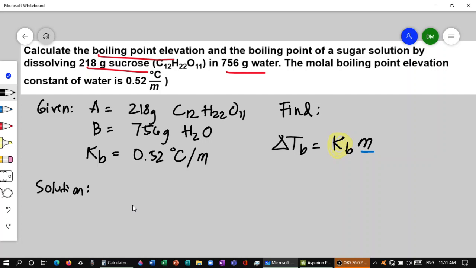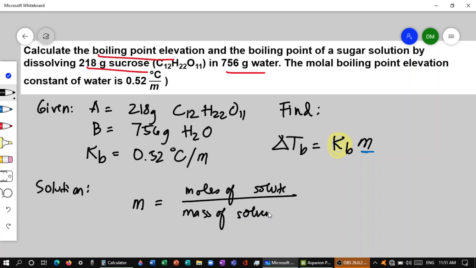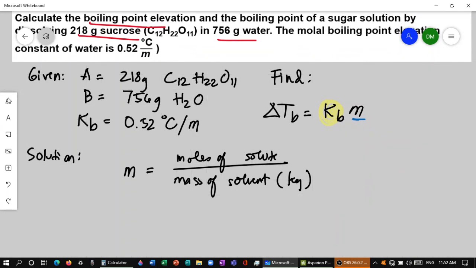So again, the molality, as we discussed before, is equal to the moles of solute over the mass of solvent in kilograms. So we need to find out these values first. Okay, first is we need the moles of solute, but here the given is the mass of solute, so we first need to convert this mass into the number of moles.